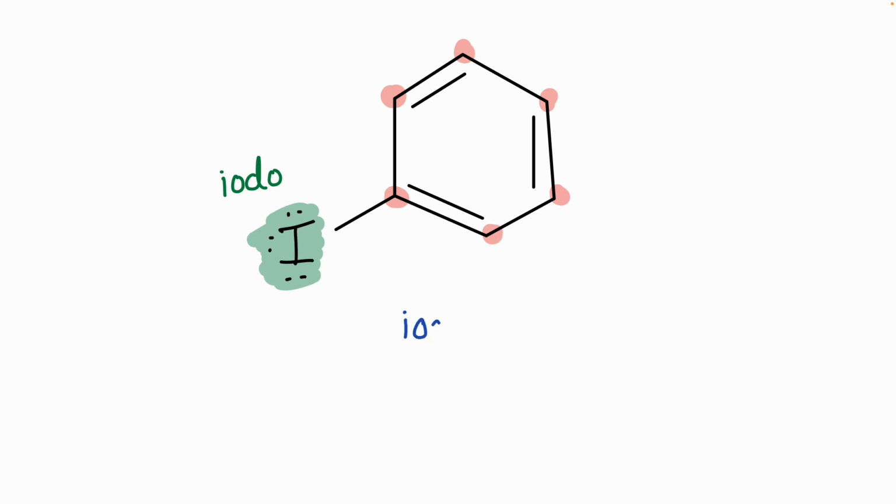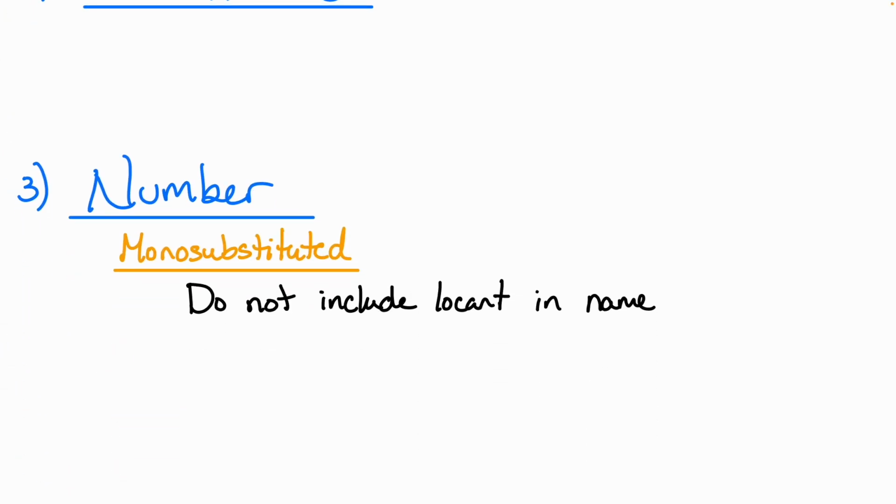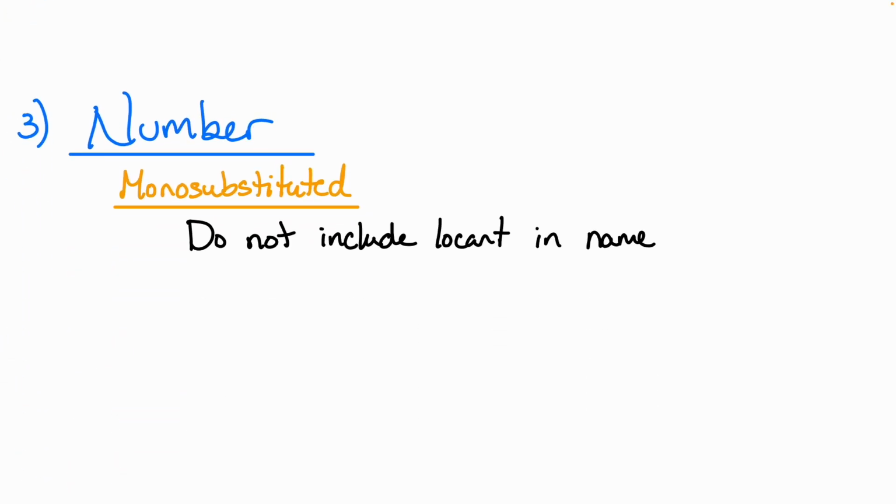So we omit that locant altogether, and this would be iodobenzene. Right? And that was true for all of our mono-substituted benzene rings. We do not bother to include the locant in the name.